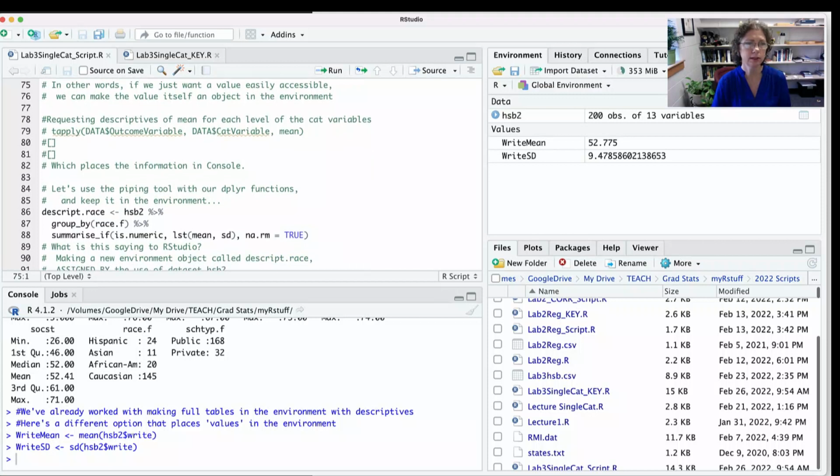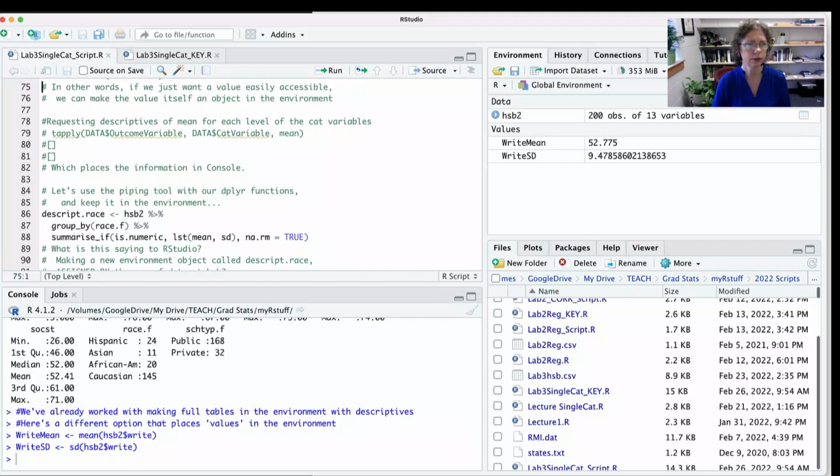But we do want some tabled values. So here we're going to use our tapply and call for the mean of each level of the categorical variable.